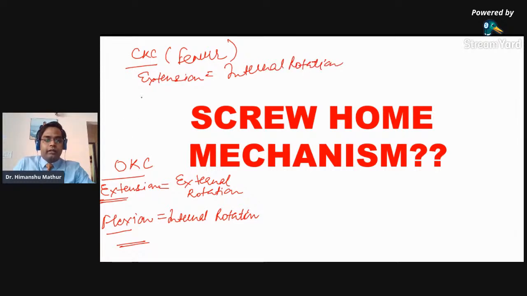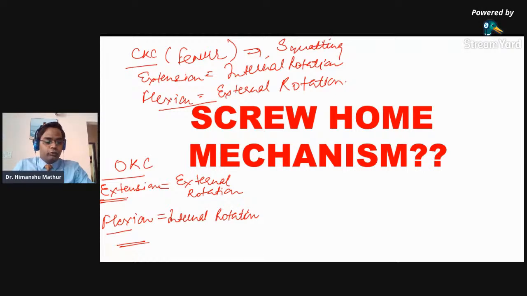And when I talk about flexion, in flexion, the femur rotates externally. So I write external rotation. This is the squat motion, squatting. That is a very easy thing to remember. You don't require any rocket science to know this thing.